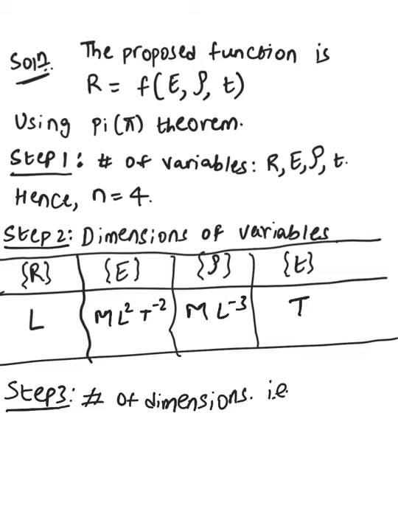If you observe step 2, there are 3 basic dimensions: M, L and T. Is there any other dimension like theta? No. So M, L, T, therefore j is equal to 3.